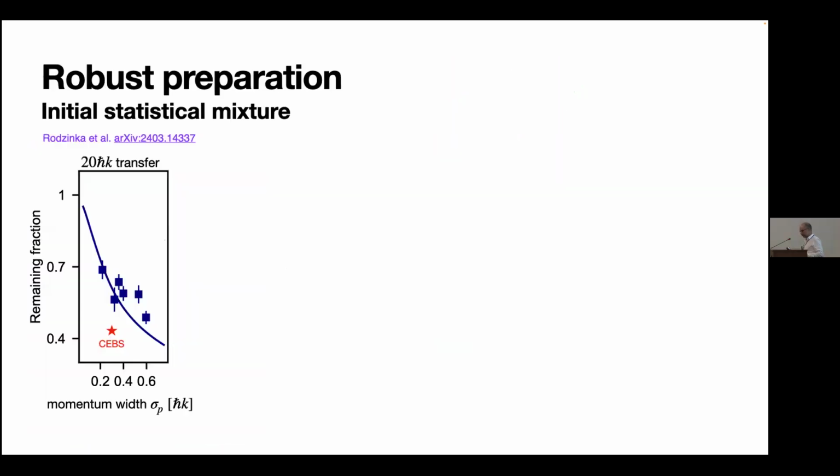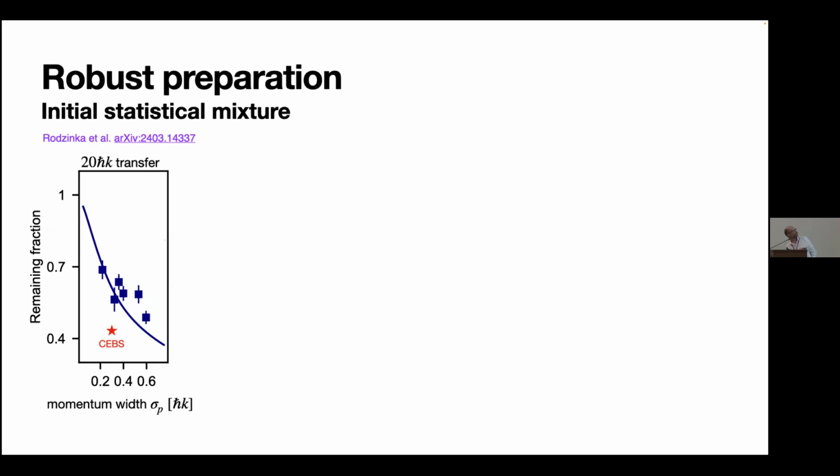So we tried to make exactly what I've explained, and we found that we have a significant improvement compared to the previous coherently enhanced Bragg sequence I spoke about as well. But it is not as good as what we would expect.